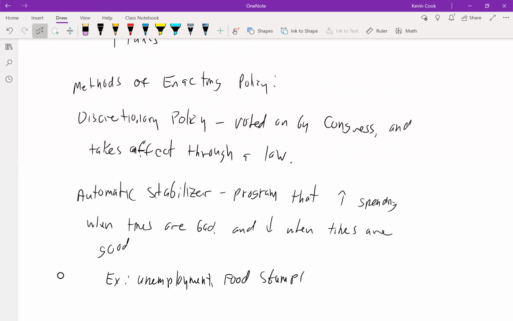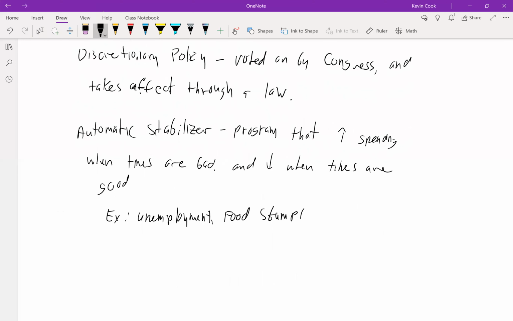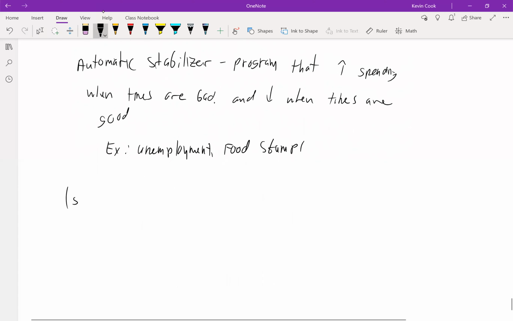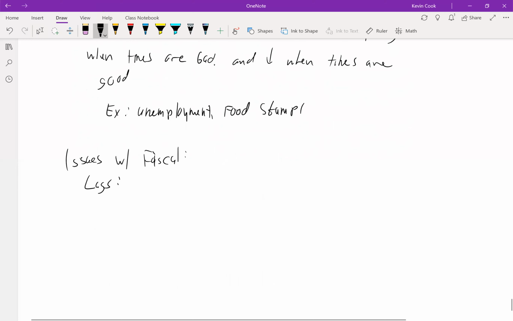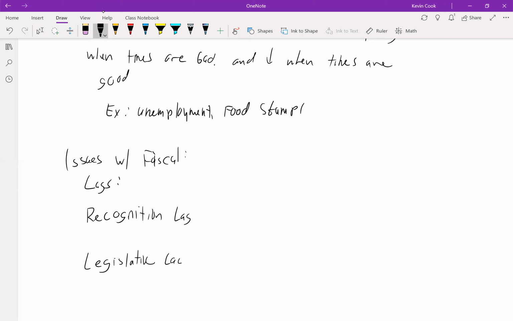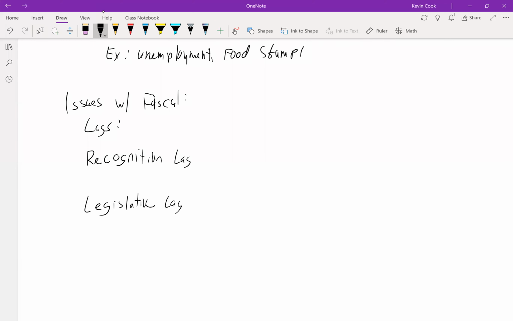So the big issue with fiscal policy that we're going to see is lags. We talked about three of them: a recognition lag, a legislative lag, and an implementation lag.